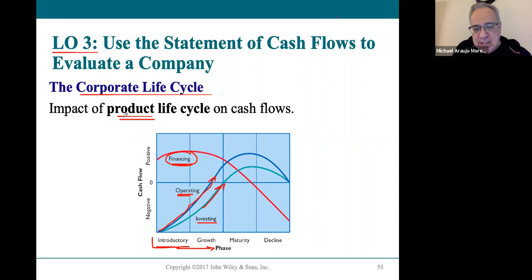But if companies don't have a lot of products, their products start to get older and even sort of out of whack, what you'll see is operating activities, the profitability of the company or of that product line, starts to go down. They're not investing that much in those products, and financing starts to dry up until, of course, the next big product comes up.